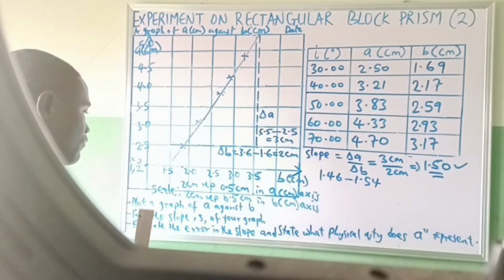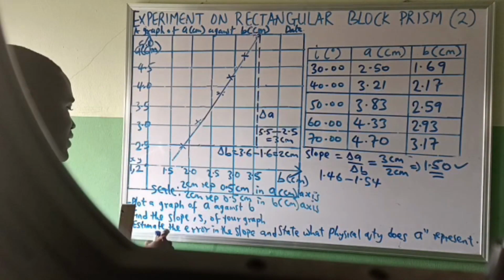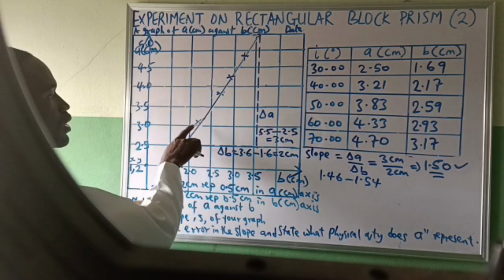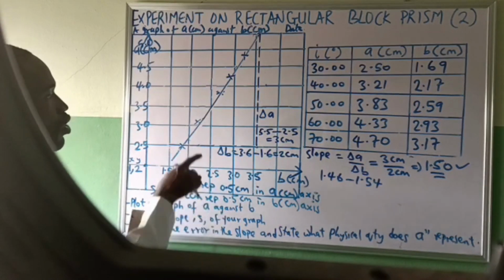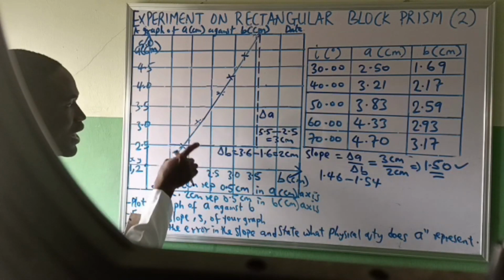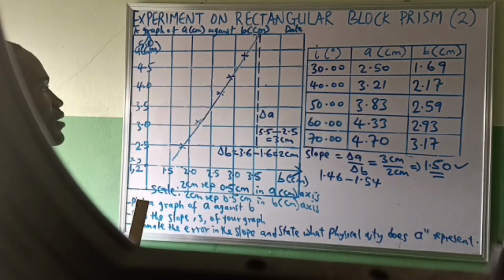Now we have gotten the slope. Estimate the error in the slope. In this, only one point is very close to the line but not on the line.